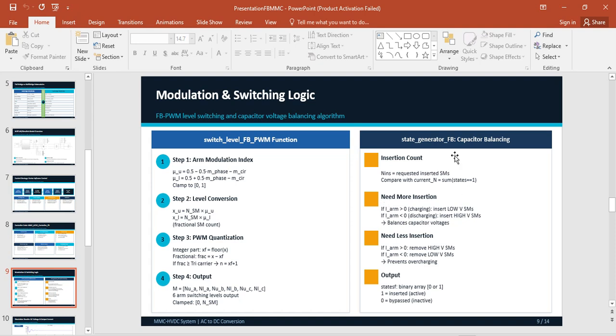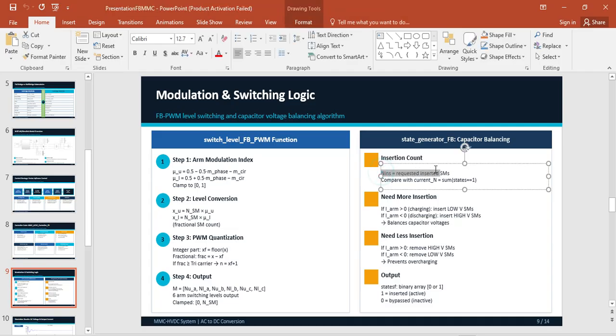Then we have capacitor voltage balancing. We need to find how many submodules need to be inserted. We need to check the current direction. If the arm current is greater than 0, it means we need to insert the low voltage submodules, and if the arm current is less than 0, we need to insert the high voltage submodules, right? So this basically balances your submodule voltage, right?